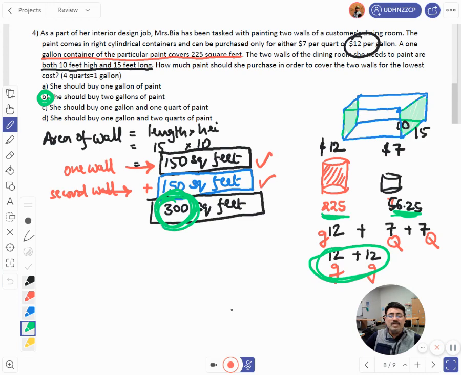If I buy 1 gallon and 1 quart, we are still unable to paint 300, because 225 plus 56 is not equal to 300. If I buy 1 gallon and 2 quarts, it becomes more expensive. So if I buy 2 gallons, yes, I can paint it. So please don't memorize. You have to check everything in real life scenarios.